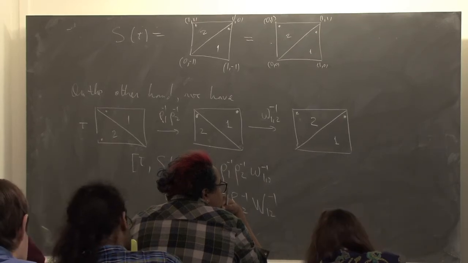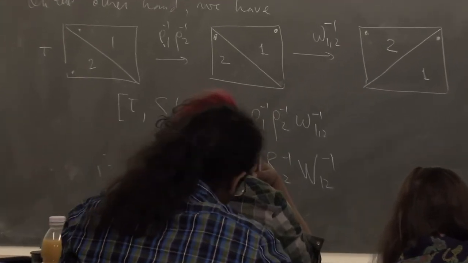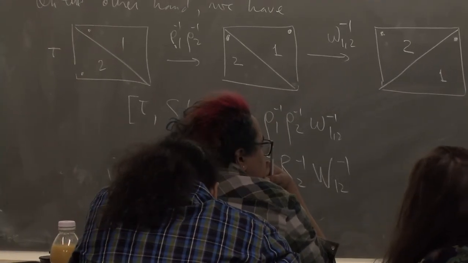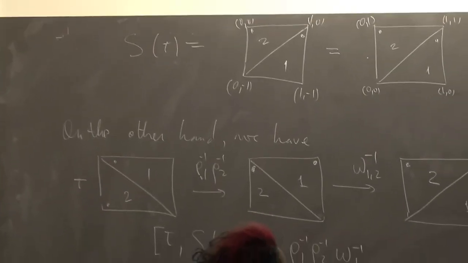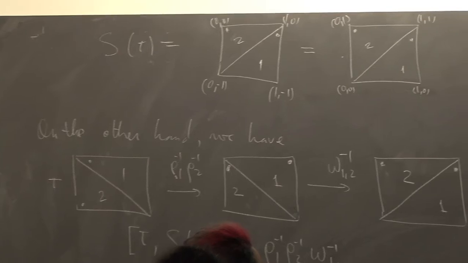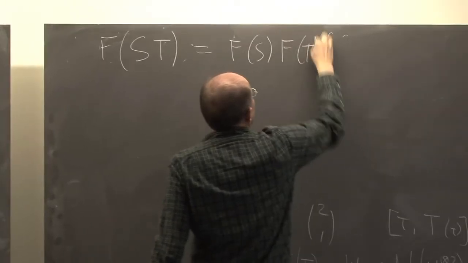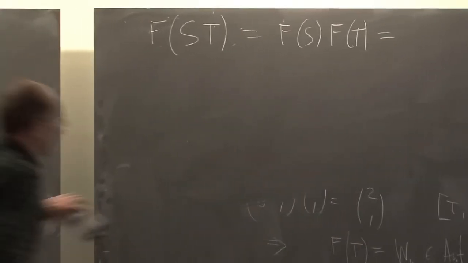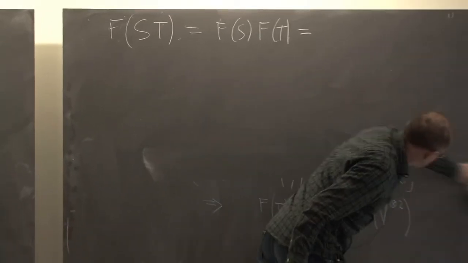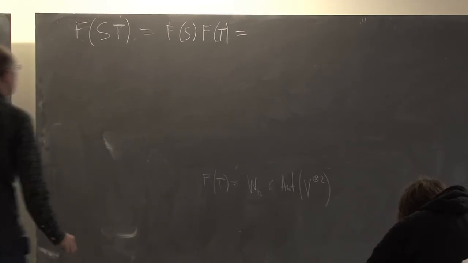For example, naturally we can try to see the image of S times T. F of ST, which is the f of S by definition, f of T. So I don't erase completely this blackboard to leave f of T here.